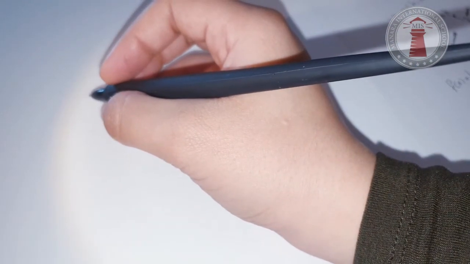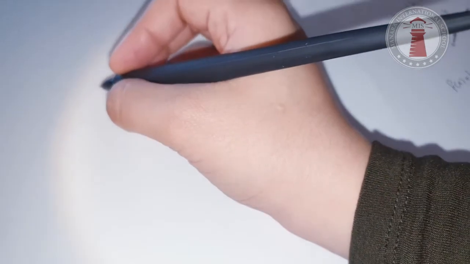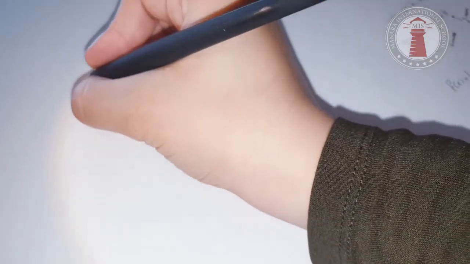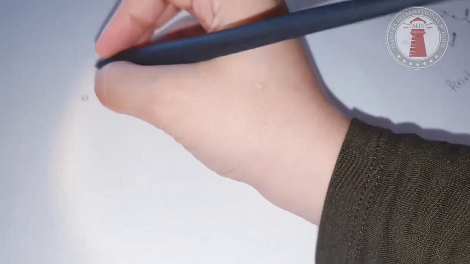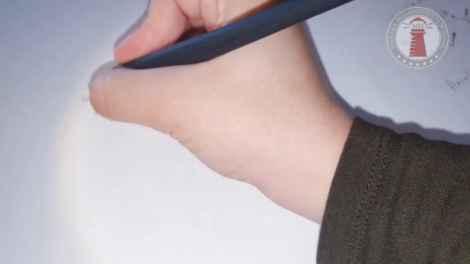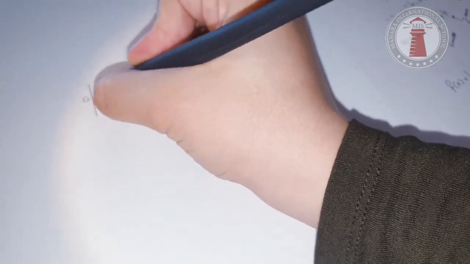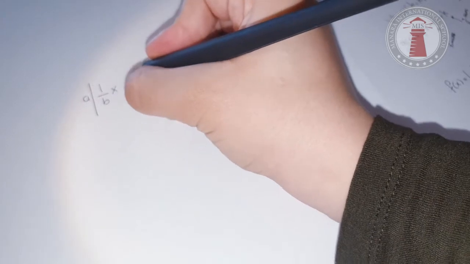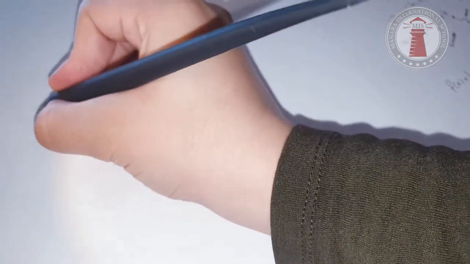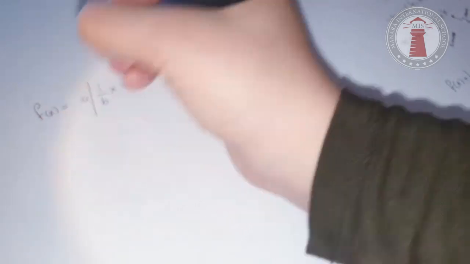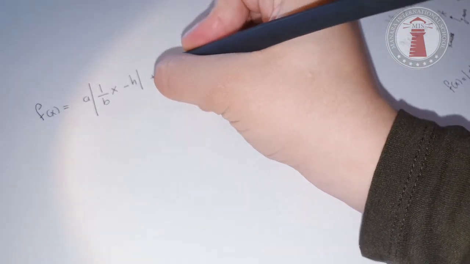Okay, so for example, let's just write the whole equation first so we can have it clearer. Now if we have a, and then we have the absolute value of 1 over b times x minus h, okay, that's f of x or g of x, plus k.